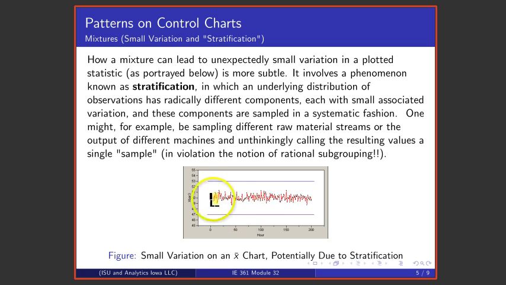Here's an interesting possibility that somewhat paradoxically can come about by the existence of a mixture. That's a picture where a plotted value is not ever getting out near the control limits. And at first thought that might sound lovely, but actually not so.